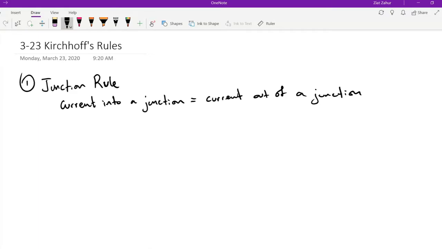Recall that in any point where you have a splitting off of wires going in different directions. Now sometimes you get abstract or conceptual questions where instead of drawing a circuit, they're just drawing arrows. And so the arrows indicate the direction of current I. So you might have an arrow this way, like so.